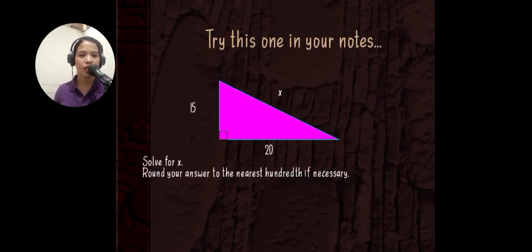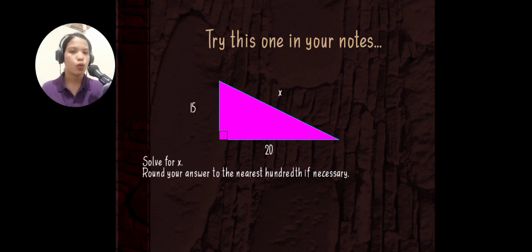So, try this one in your notes. This belongs to scenario number 1. Round your answer to the nearest hundredth if necessary. We have here 15, 20, and x. We need to find the longest side. So, 15 squared, try to input it in your calculator. 15 squared is 225, and 20 squared is equal to 400.